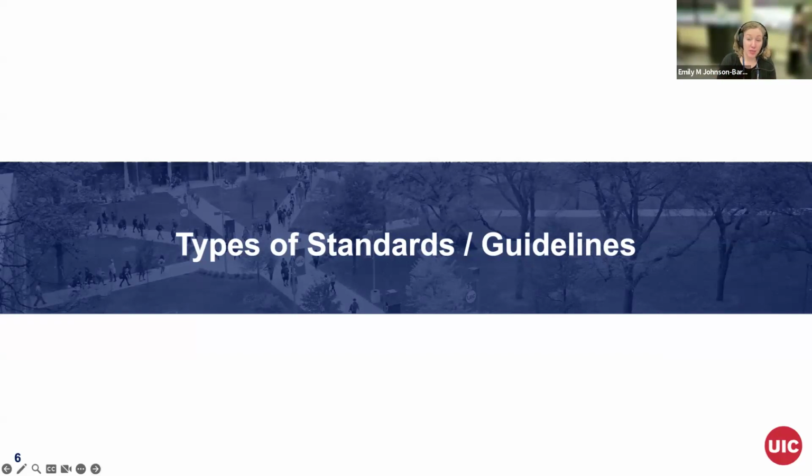Whereas a reporting standard or guideline is what you need to communicate within a manuscript or presentation about your research. So I've divided the presentation to account for those 2 types of guidelines, and it'll hopefully allow you to approach these a little bit differently as we go along.